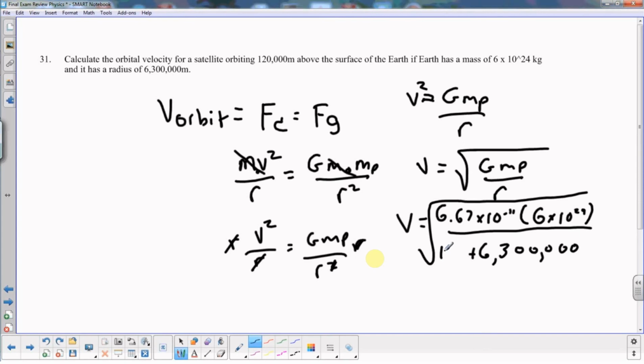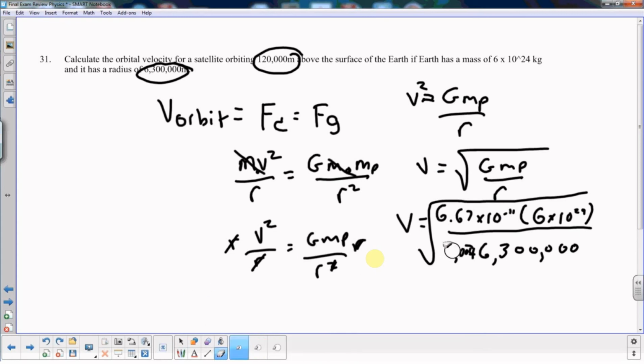Because I tell you it's above the surface, and that's the surface. So let's plug all this in. 120,000 meters plus 6,300,000 meters. This whole thing here is going to become 6,420,000.